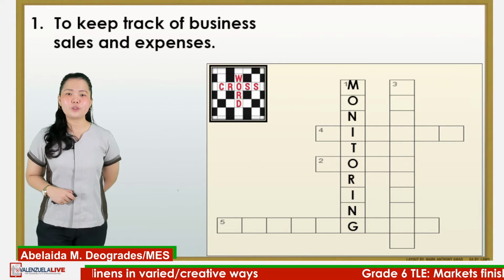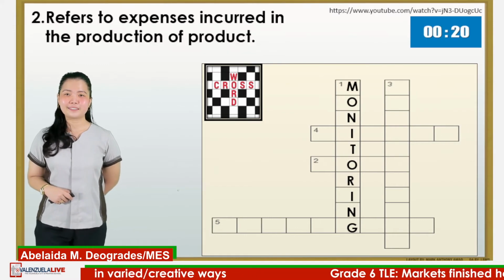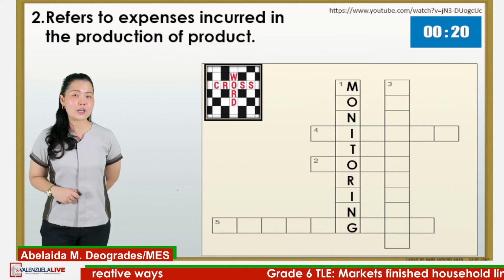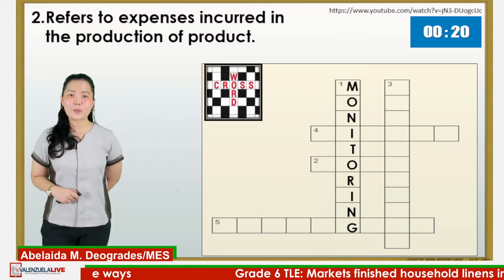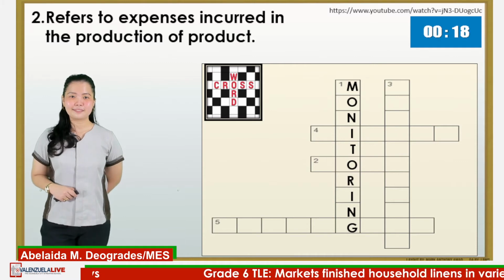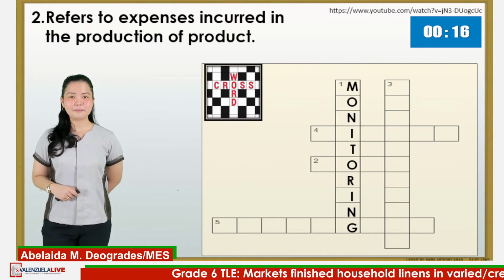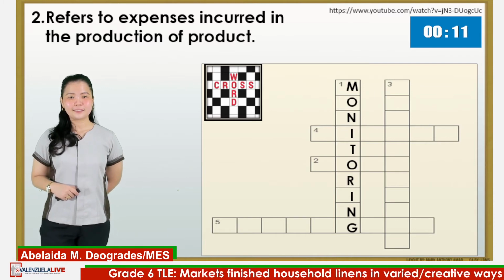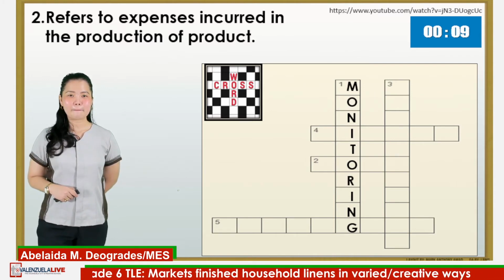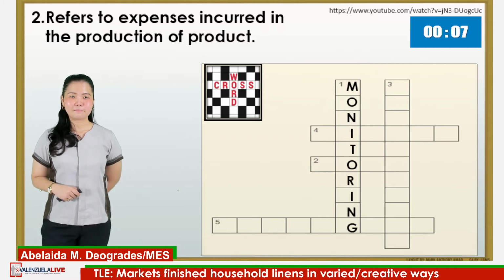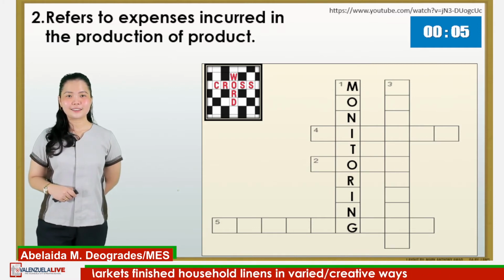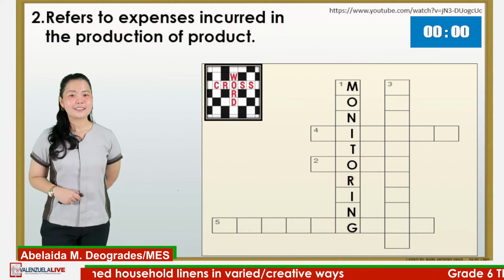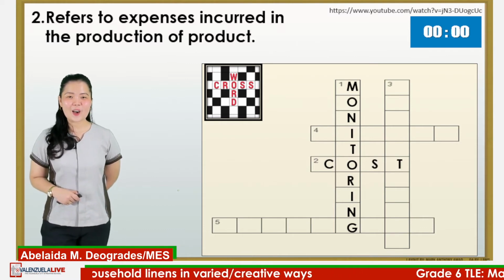Now let us proceed to number 2. It refers to the expenses incurred in the production of a product. For 20 seconds. The answer is cost.